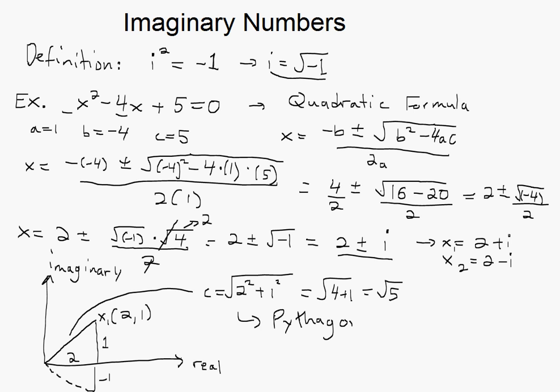The Pythagorean theorem is c squared equals a squared plus b squared for a triangle with a right angle, A, B, C, and you can click the link to see the video of that.